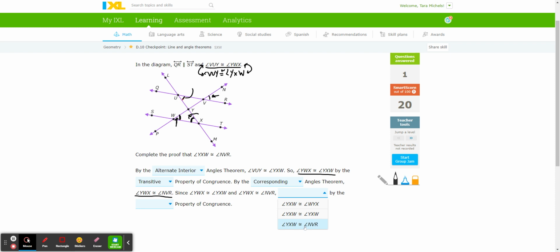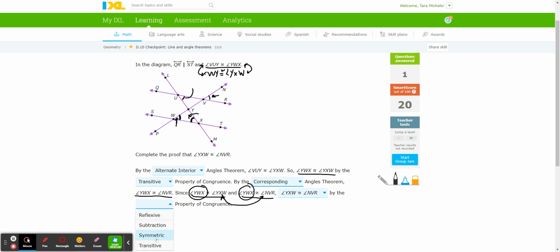YXW is congruent to NVR. And again, the reason we stated that, you can see it here. We have the same angle being equal to two different angles. So we can now say they are congruent to each other by the transitive property of congruence.